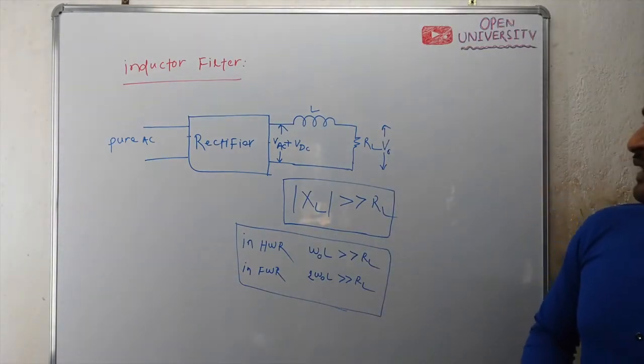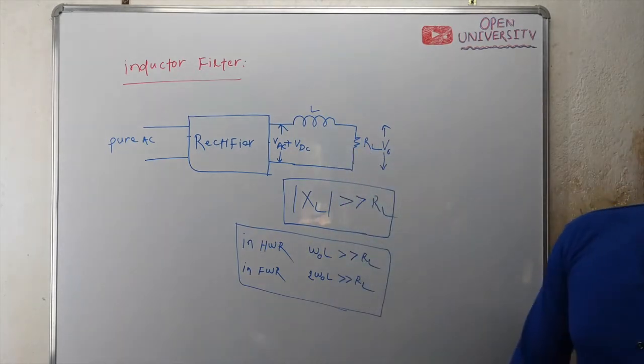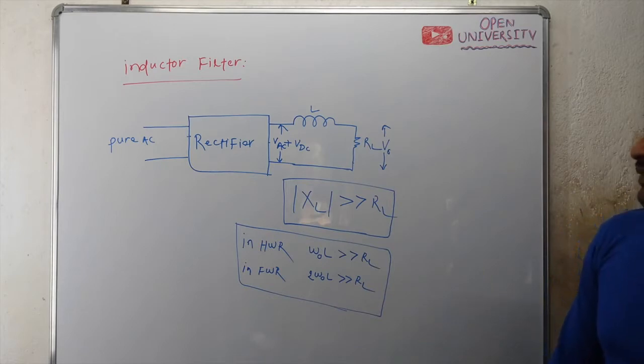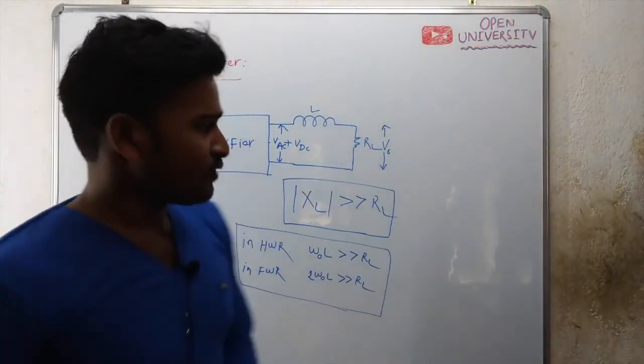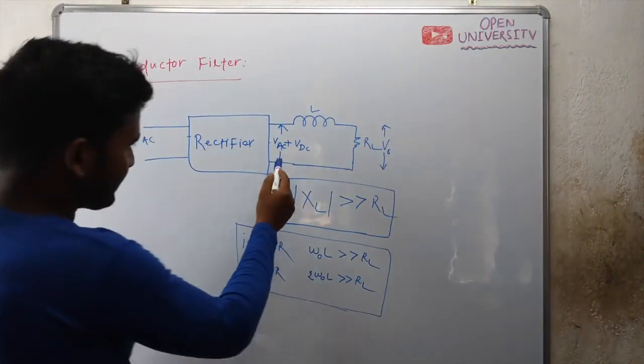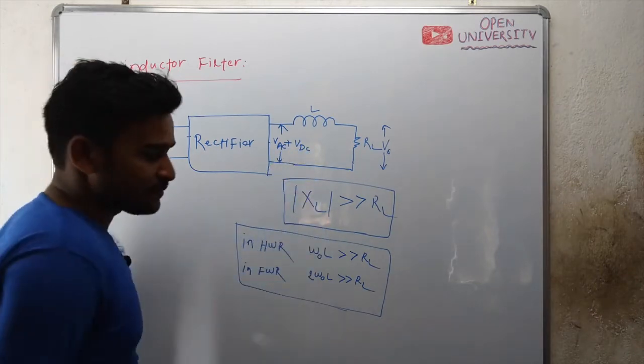Take one point. Inductor and RL form a voltage divider network. Now what will happen? The output of the rectifier is pulsating DC, which is a combination of AC voltage and DC voltage.